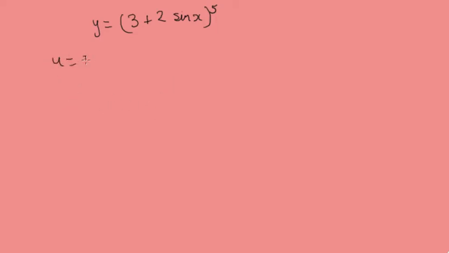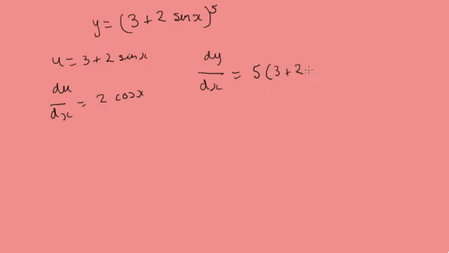So u is 3 plus 2 sine x, du by dx is going to just be 2 cosine x, and then dy by dx, so we take the derivative of the 5, comes down here, and that's going to be 3 plus 2 sine x raised to the power 4 multiplied by 2 cosine x.